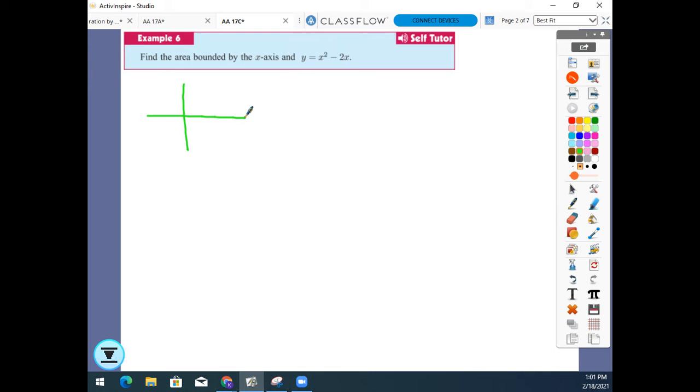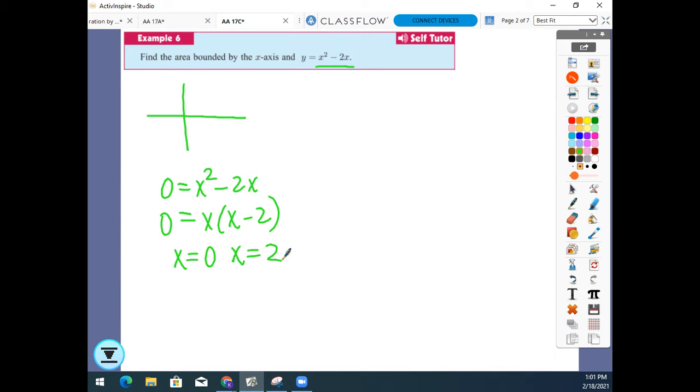Because you don't usually remember how to graph your parabolas, I would just find where this crosses the x-axis. So I would set the equation equal to 0 and factor. There's a GCF of x. This tells me that this graph crosses the x-axis at 0 and at 2.